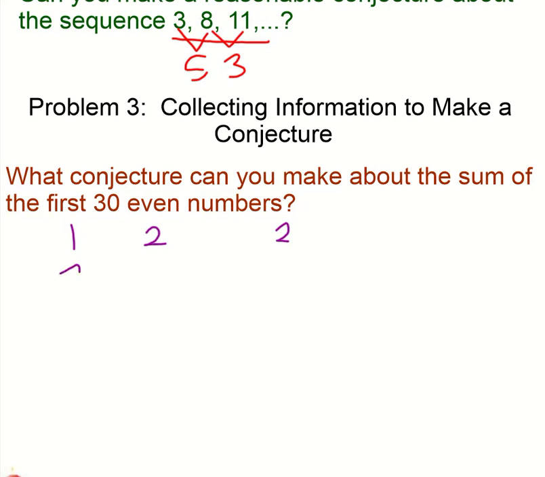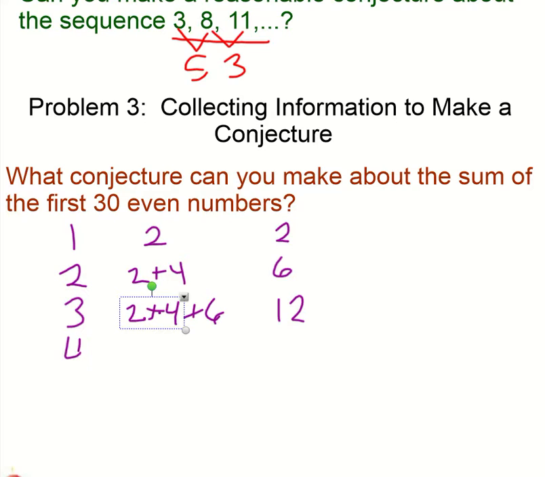Then our second one, we're going to have 2 plus 4, and that's going to give us 6. Then our third term, 2 plus 4 plus 6, and that's going to give us 12. And in our fourth one, we're going to have 2 plus 4 plus 6 plus 8, and that's going to give us 20.